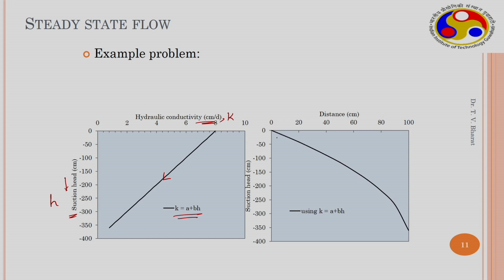This is highly nonlinear. Initially some portion is maybe linear, but again this is highly nonlinear. Fine. So even though the hydraulic conductivity variation with suction head is assumed to be linear, the suction head variation with spatial distance within the soil column for steady state horizontal flow is nonlinear.